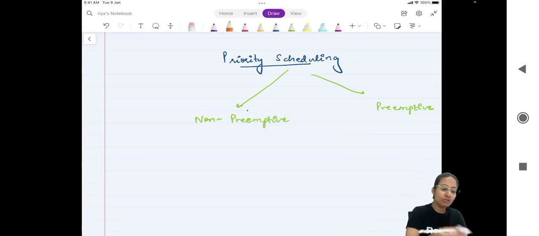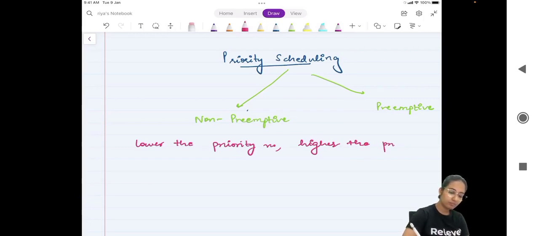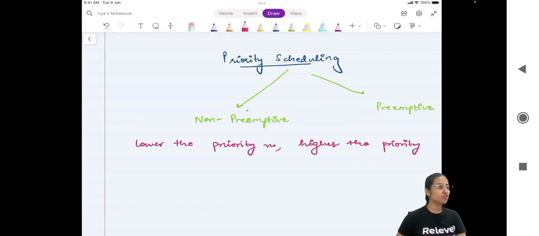Although you can follow any rule that you want, generally we can say that the lower the priority number, the higher the priority. That is what the general rule is.